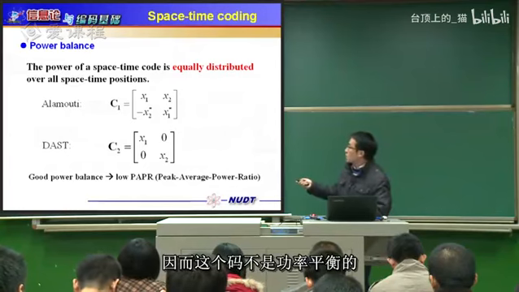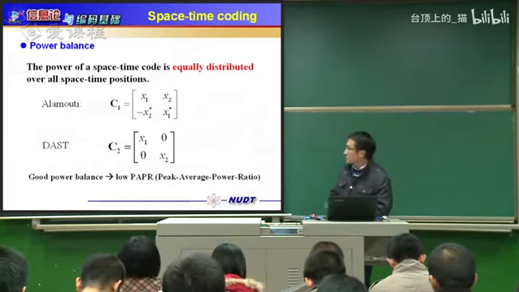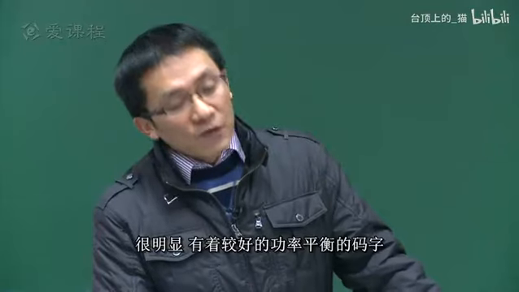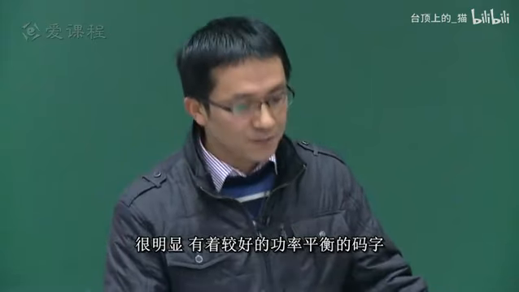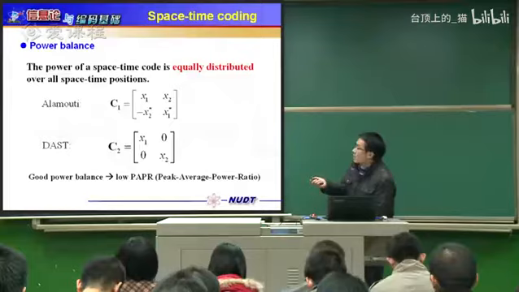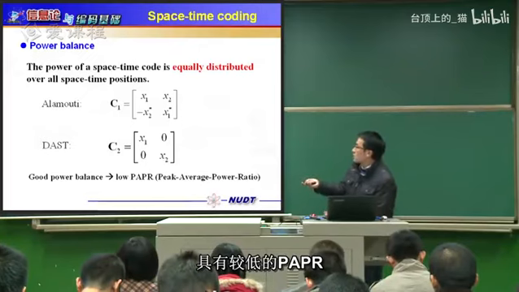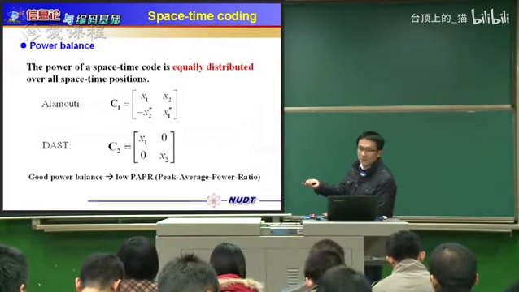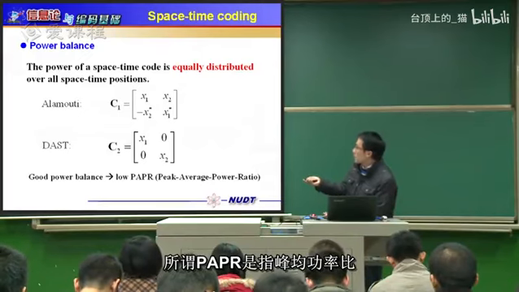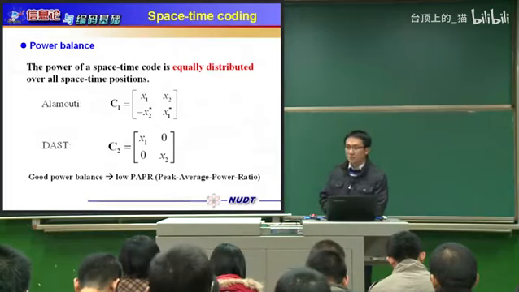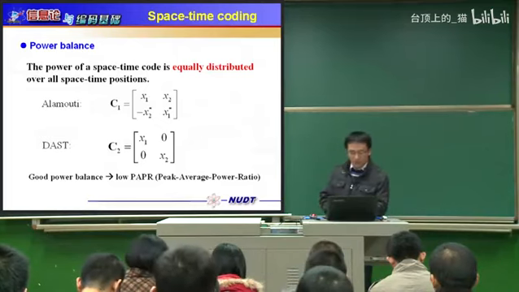So this is not power balanced. Obviously, a code with good power balance will have lower PAPR. You know PAPR is peak to average power ratio.